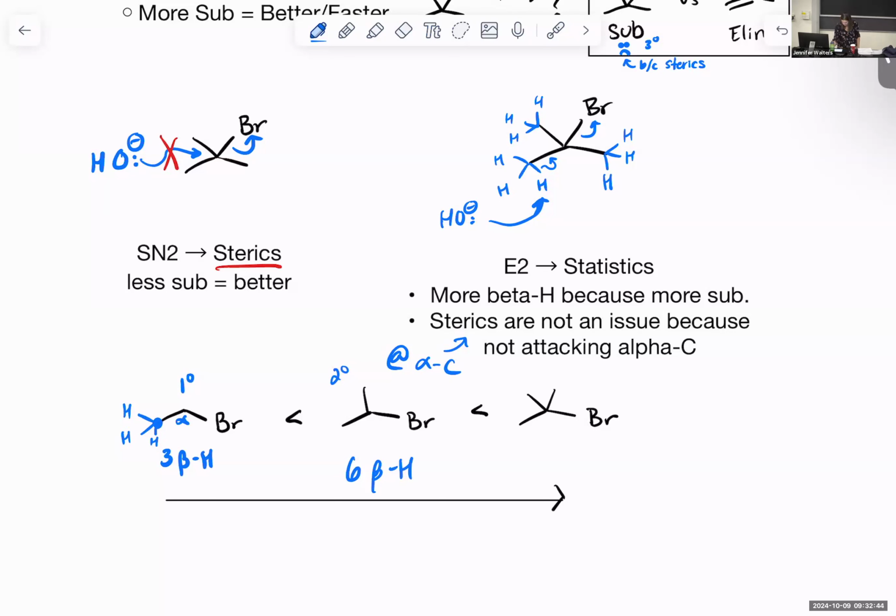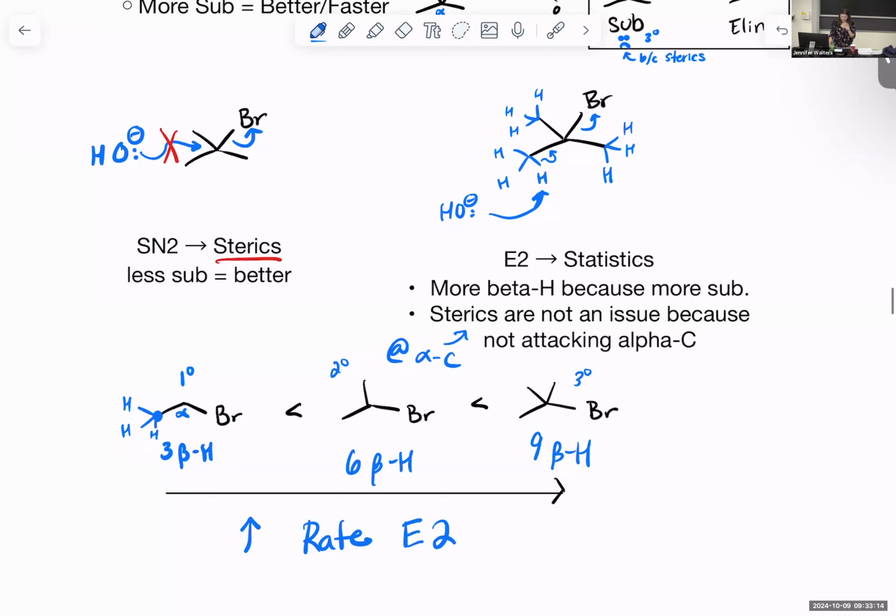When I go to my tertiary, I get 9 beta hydrogens. So as I increase the number of beta hydrogens, I increase the rate for E2. This is the opposite of SN2 because you attack next door. You're not trying to attack that alpha carbon. So having more beta hydrogens is going to be a faster E2, because we're not going at the alpha, we're going at beta. We attack next door.